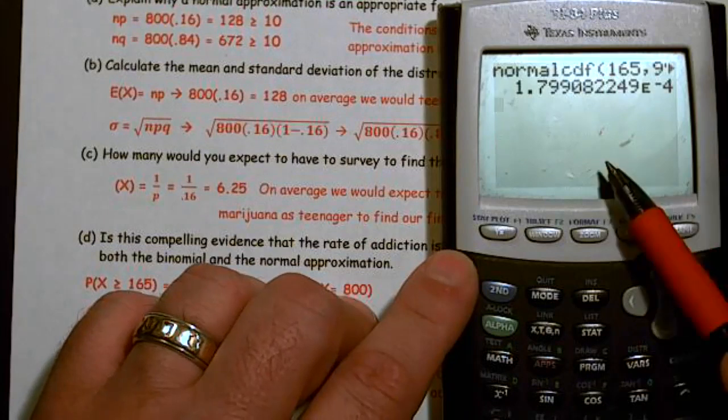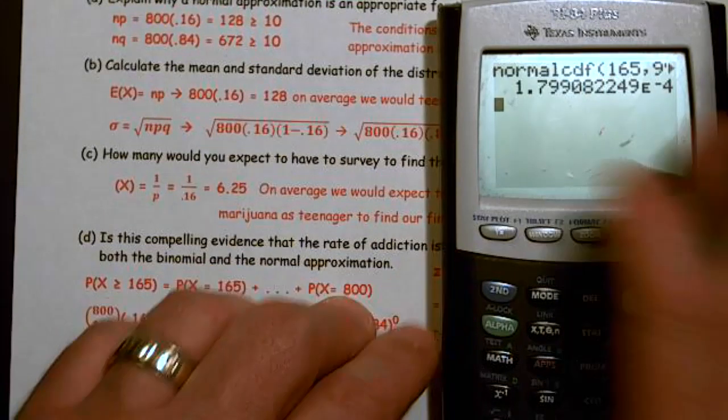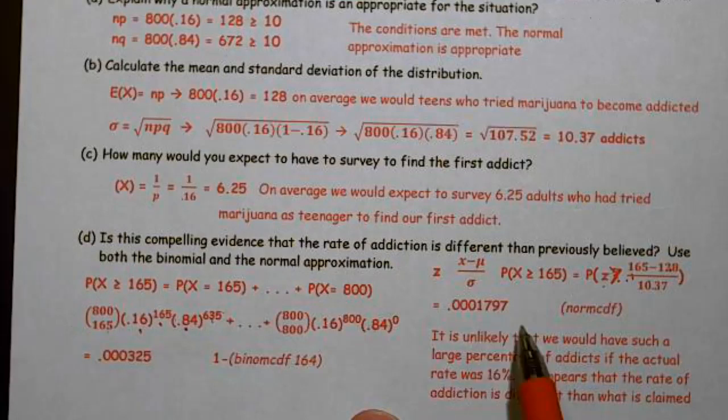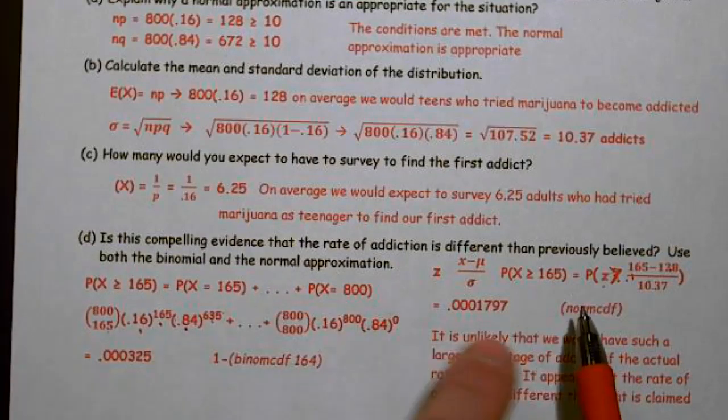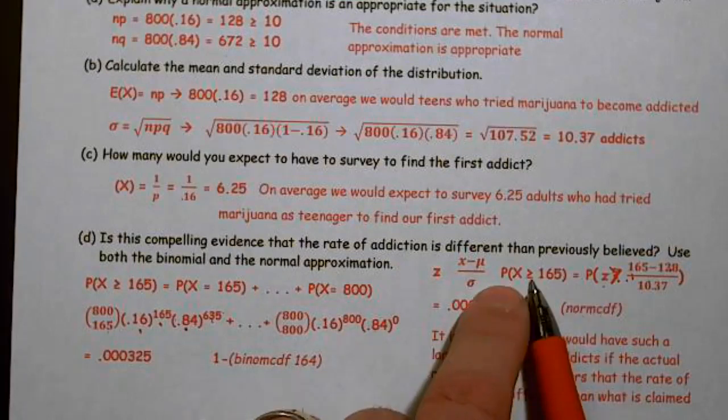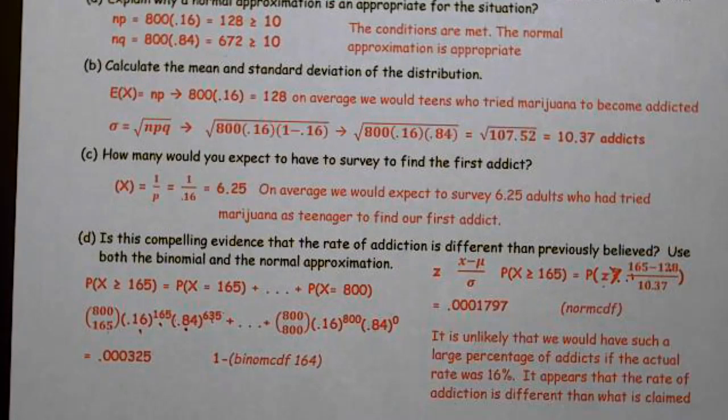And we end up getting 0.000179. So pretty small probability. Once again, not exactly the same, but we could run it as a norm CDF because we actually have mean values.